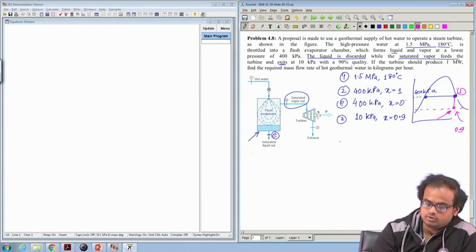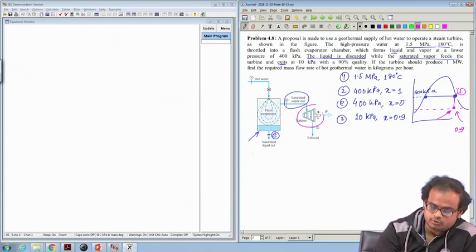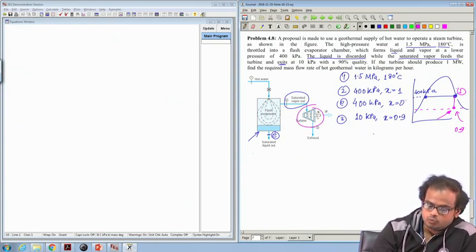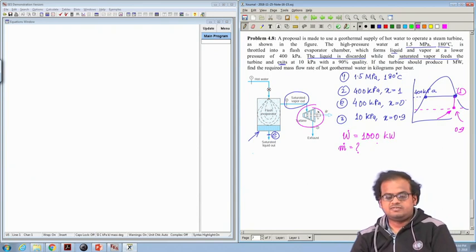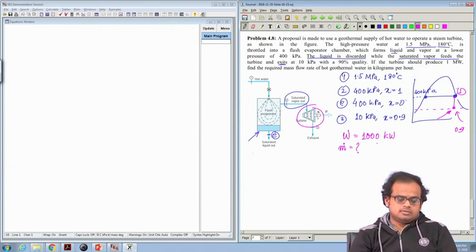Okay, so the whole control volume should produce 1 megawatt, the 1000 kilowatt. So we must find out the mass flow rate of geothermal water in kg per hour. So we must find out the mass flux.